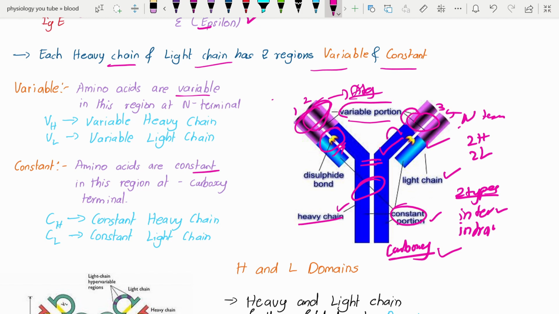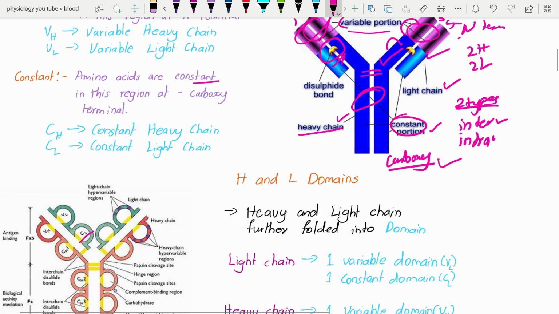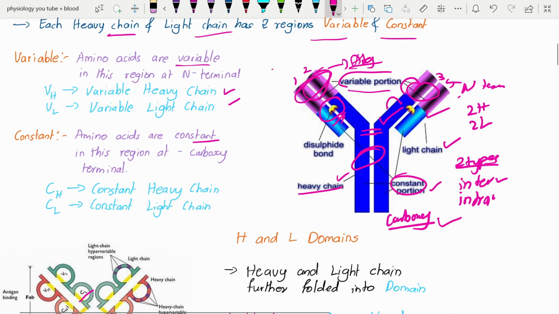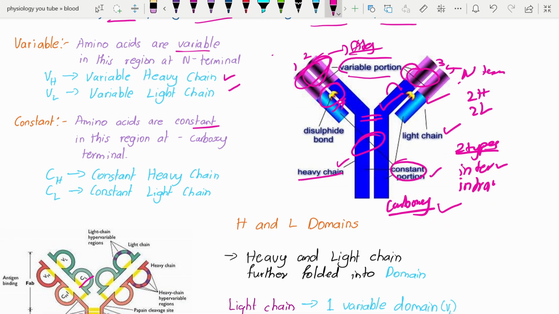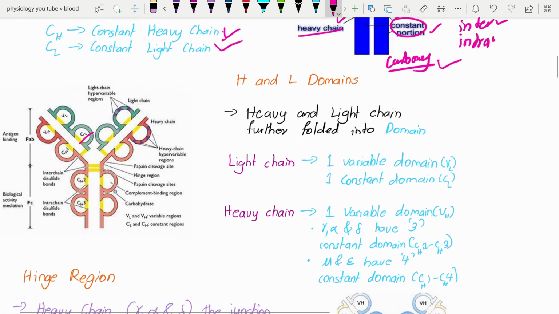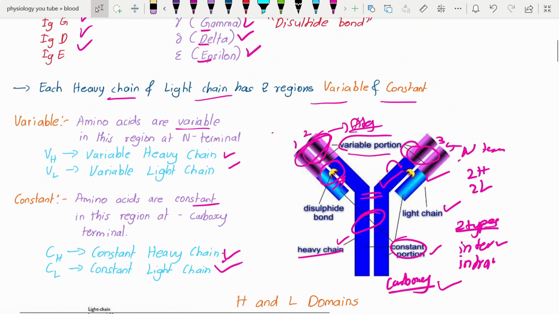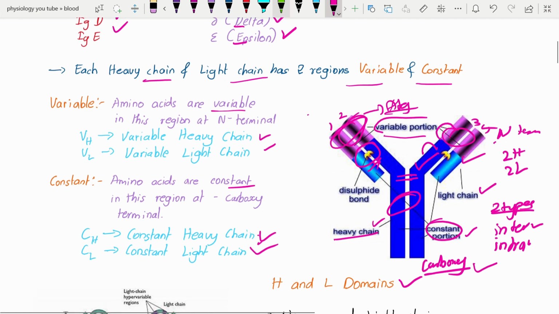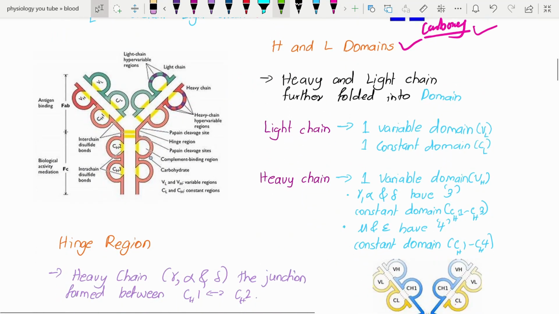And then we call them by different names: VH and VL for variable heavy chain and variable light chain, CH and CL for constant heavy chain and constant light chain. And we will move to the domains now. We have heavy chain domains and light chain domains.